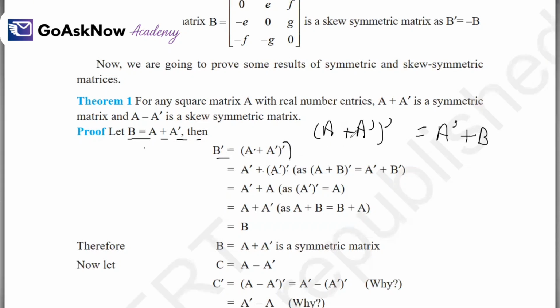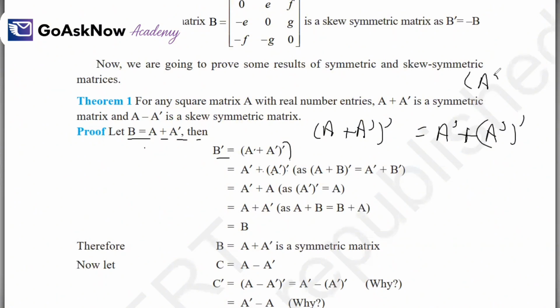So your B dash will be equal to A plus A dash whole dash. So it will be equal to A dash plus, yes, sorry, A dash whole dash.